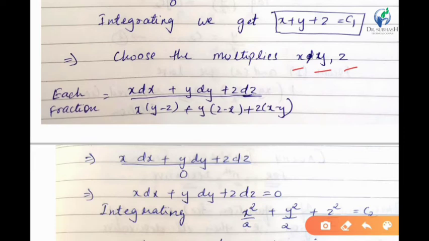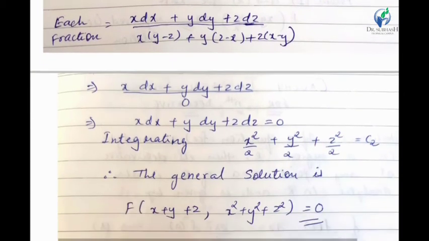I am multiplying the corresponding denominators by x, y and z and adding them. When I open this bracket, I get the lower part as 0. So the Lagrange multiplier method says we can write this equation as x dx plus y dy plus z dz equal to 0. Again, we can easily integrate it.